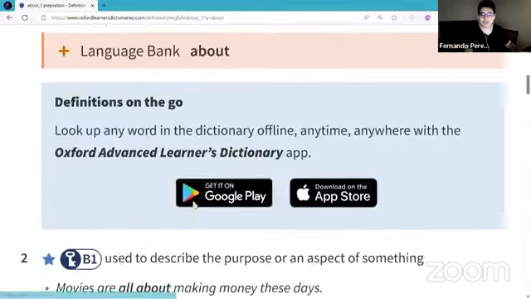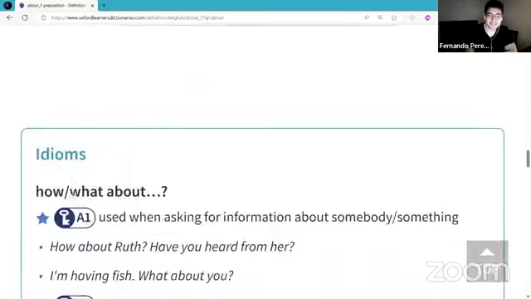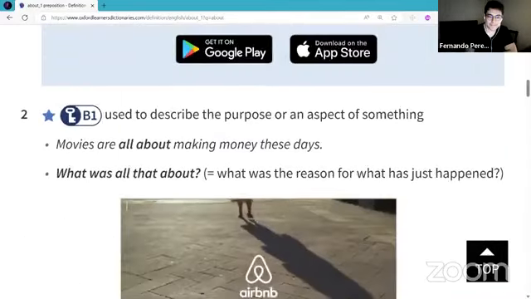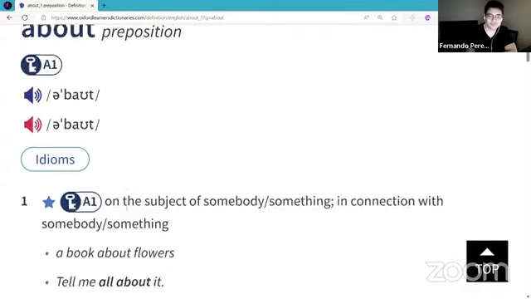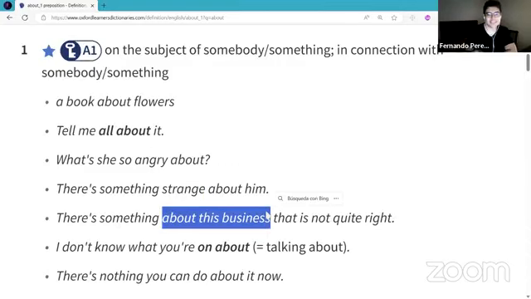When you use the word about, you're going to use, by definition, a noun. Look at this. About flowers. About it. About him. About his business. Every time you have the word about, you need a noun.